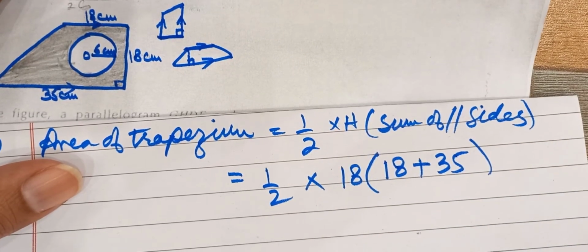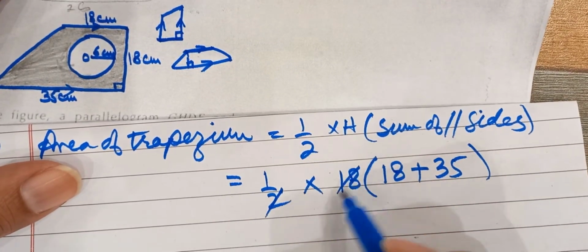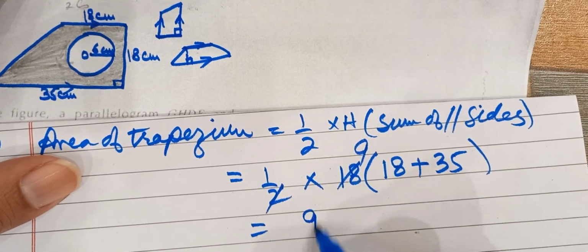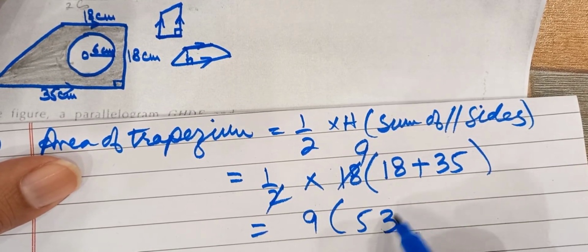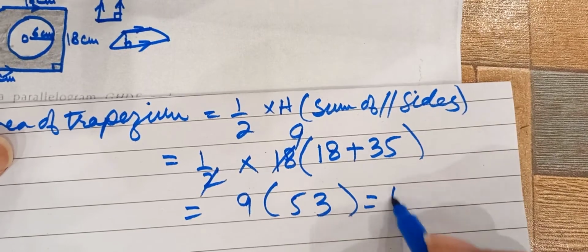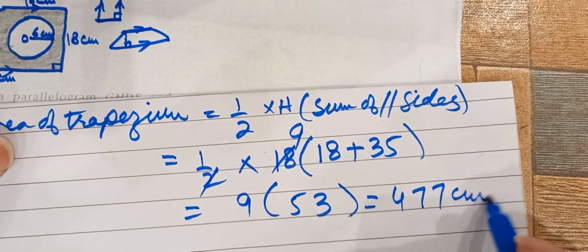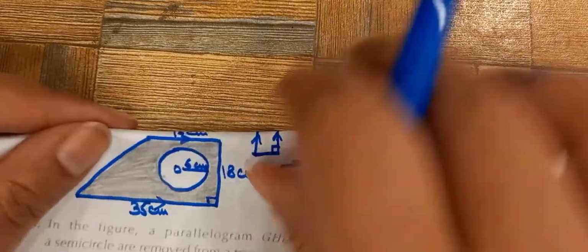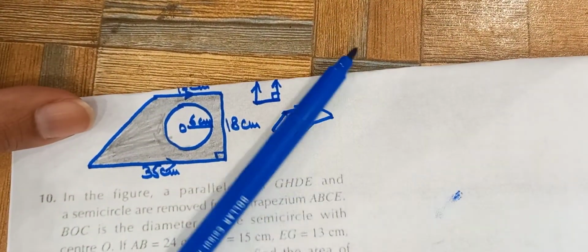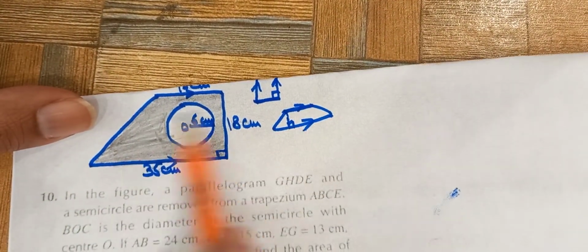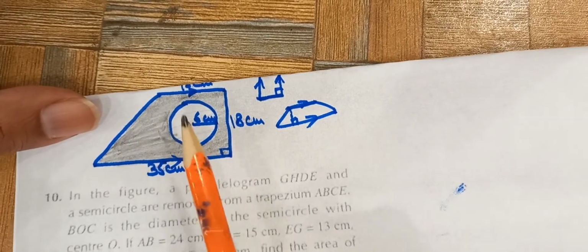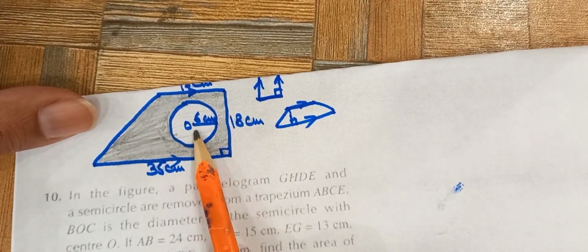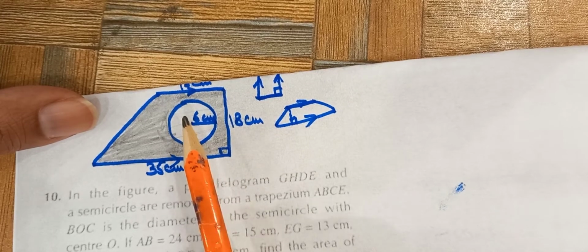So when I do the maths, I am left with 9 into 53, which is equivalent to 477 centimeters square. Now this area is the area of this entire trapezium, this white circular part inclusive.